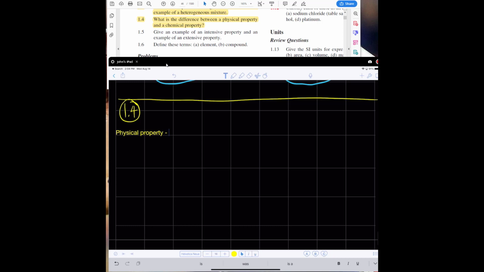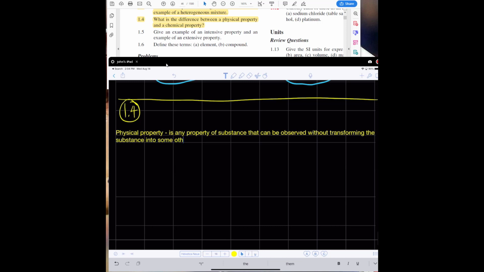Okay, so a physical property we can think of as any property of a substance that can be observed without transforming the substance into some other substance, right? Physical properties are any property of a substance that can be observed without transforming the substance into some other substance.